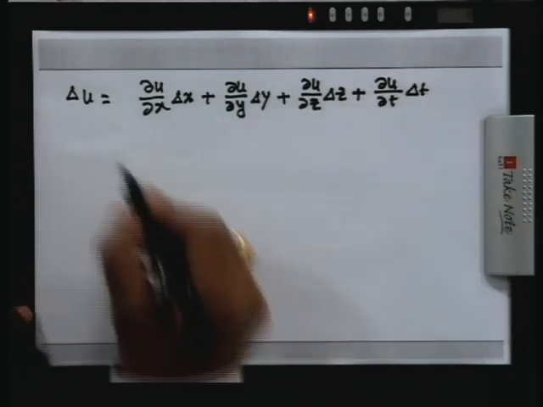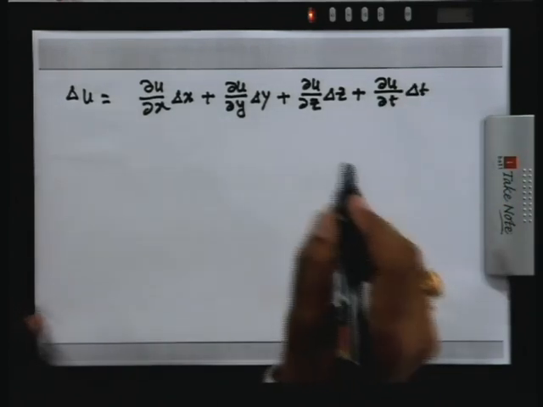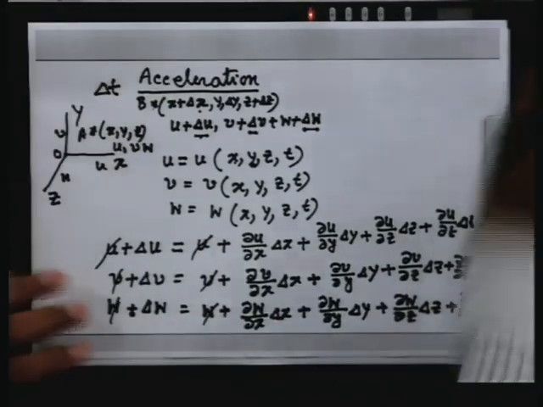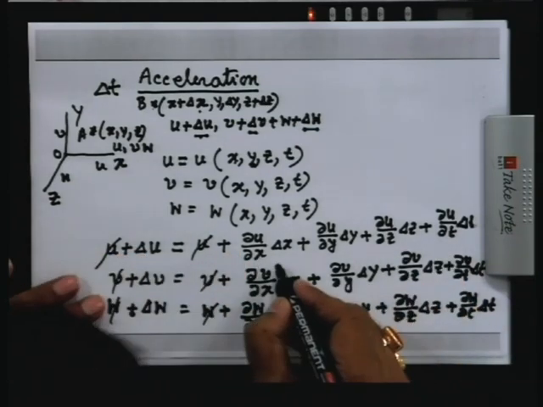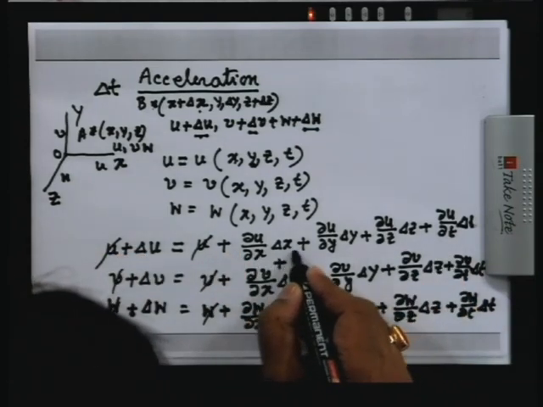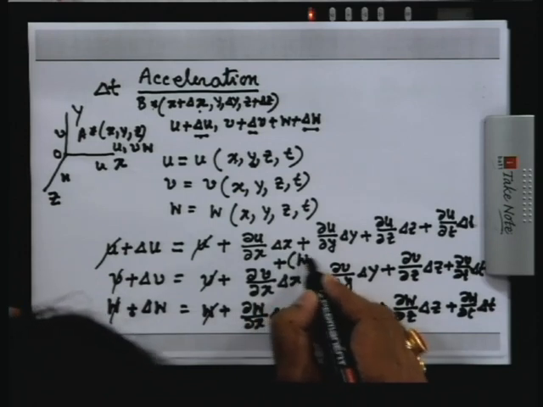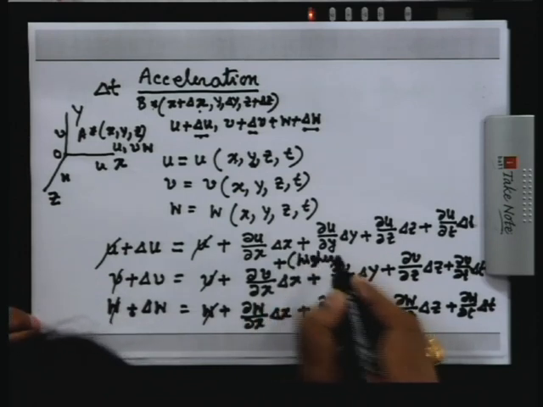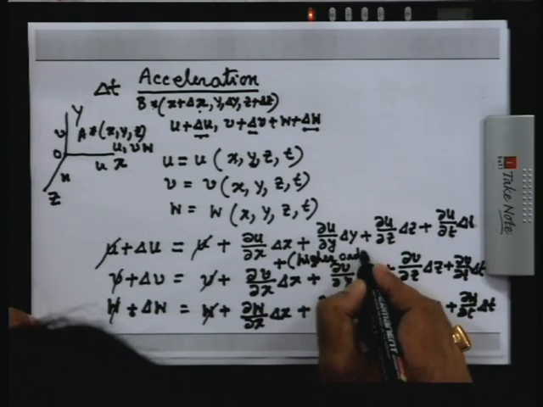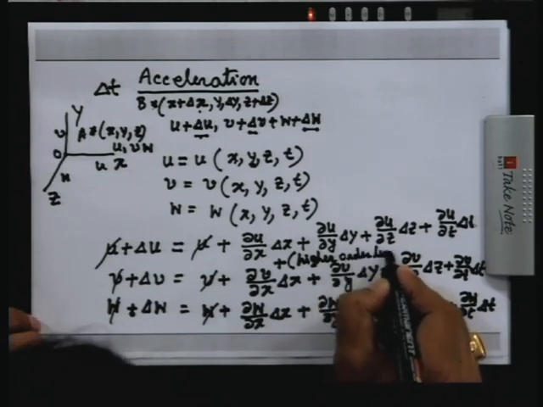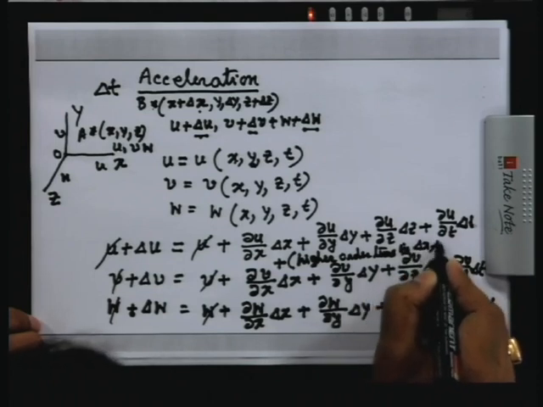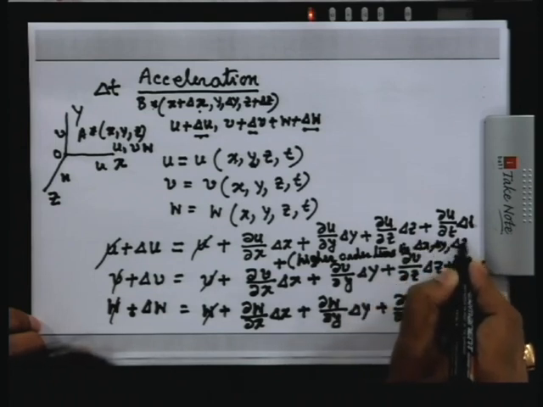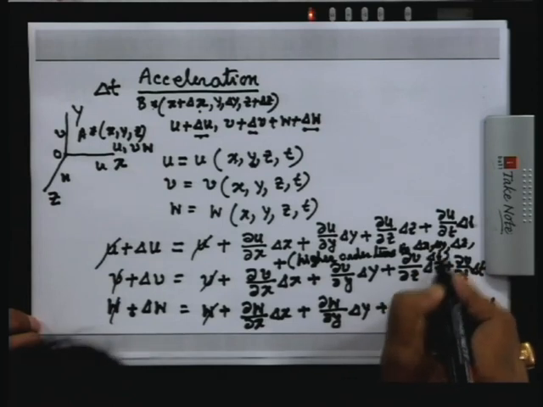Of course there is one mistake: I forgot to write that by Taylor series expansion, when you expand the function, this will be added with higher order terms in del x, del y, del z and delta t.